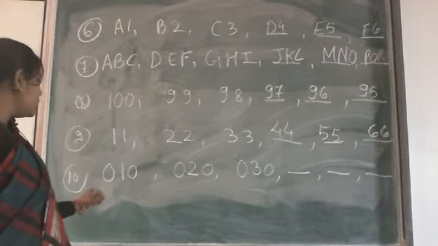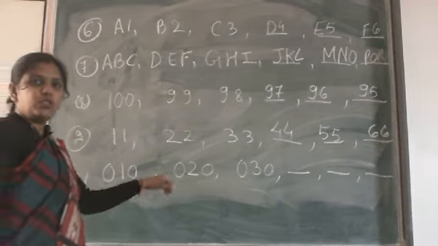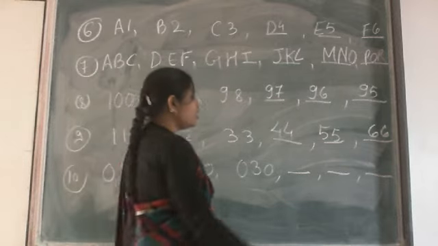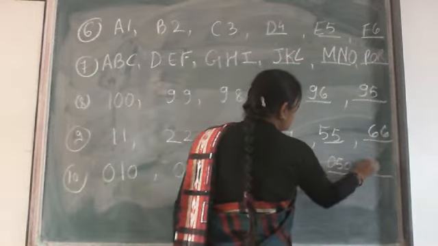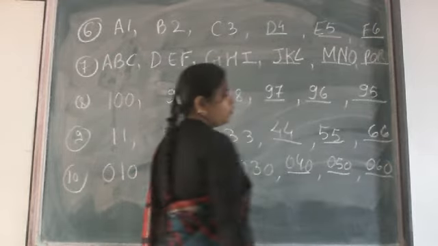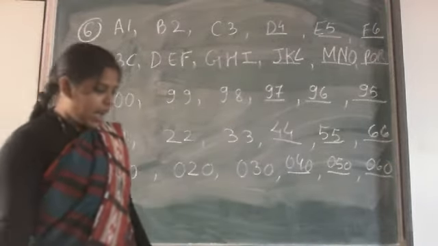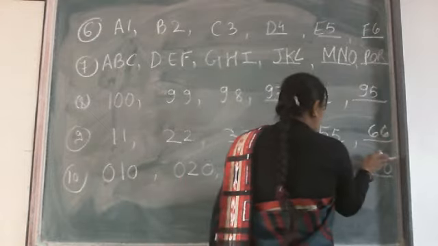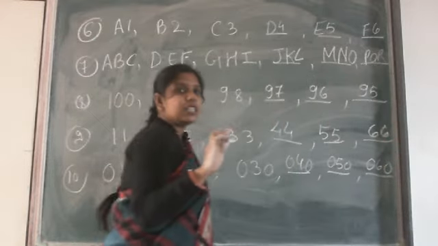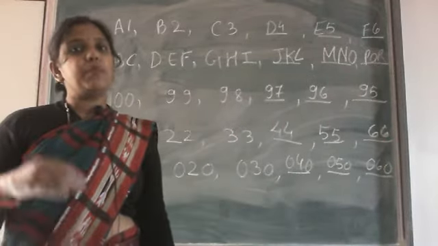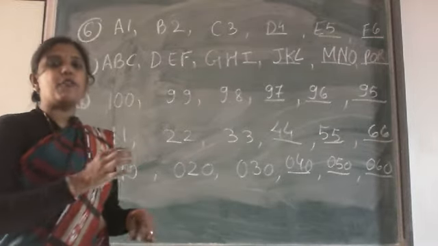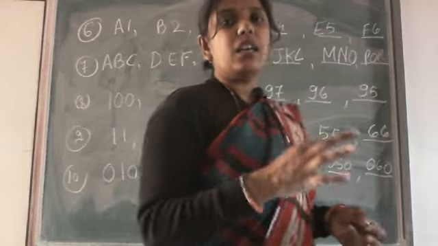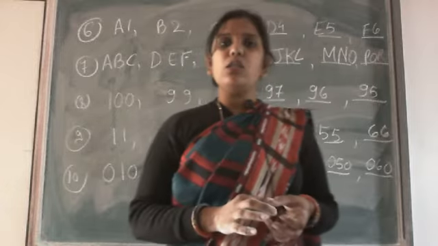Now the last question, 010, 020, 030, then 040, 050, 060. Very simple pattern, and I hope all of you identified the pattern very nicely and are able to complete the pattern also, because these are very simple patterns, and this type of pattern I will ask in your final exams also.